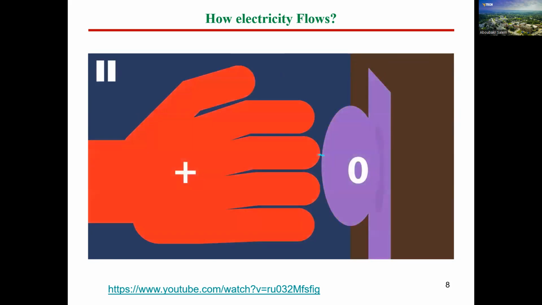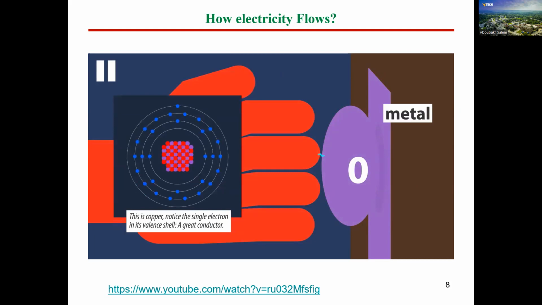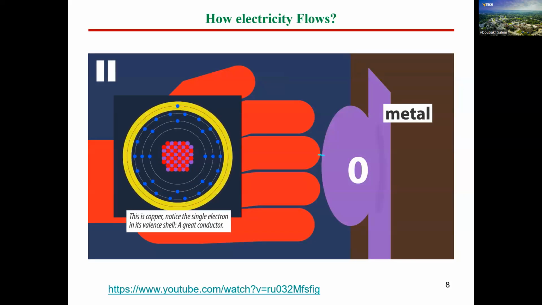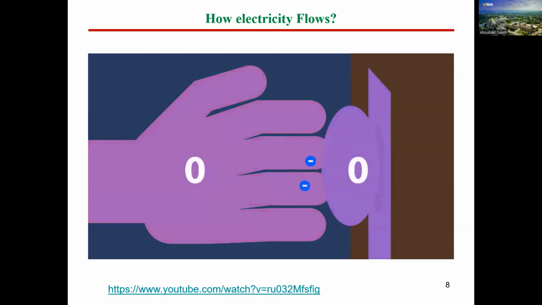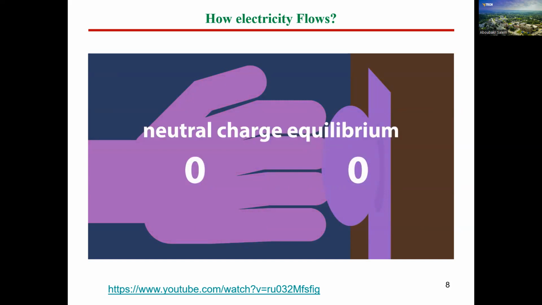The doorknob may be neutrally charged, but it is metal, and metals too are conductors with loosely bound electrons on the outer shells of their atoms. These electrons immediately move to your body to restore the charge imbalance, giving you a jolt. Nature always seeks a neutral charge equilibrium, a net charge of 0.